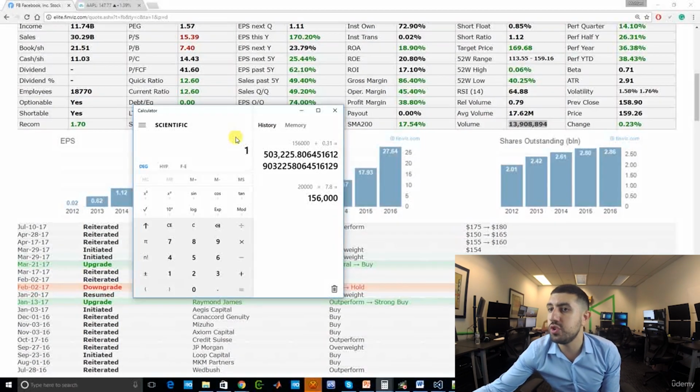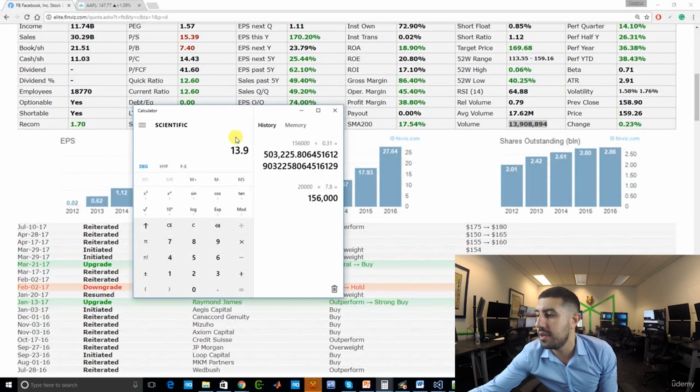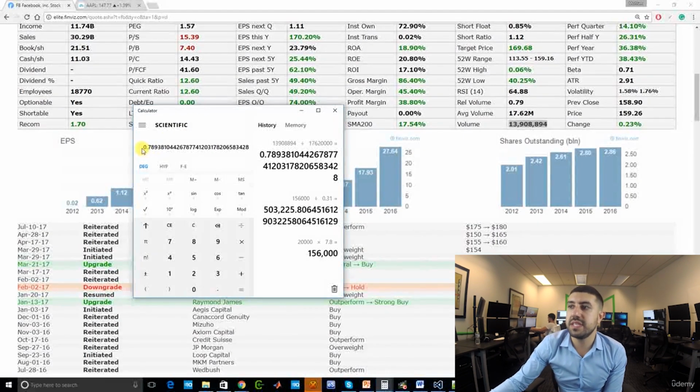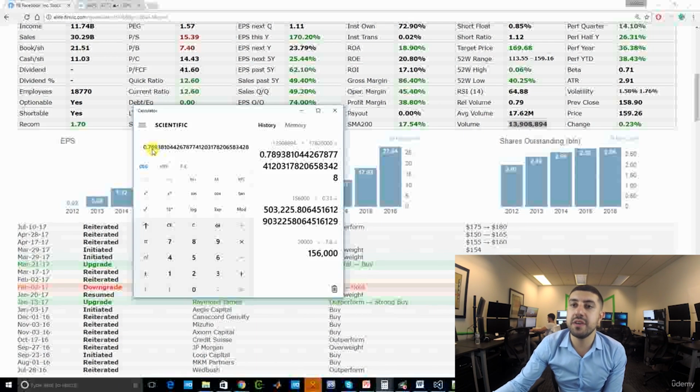So if I do 13,908,894 shares, that's what it did today, divided by 17,620,000 shares, which is what it usually does, it actually only did 0.79 times the usual amount of shares.